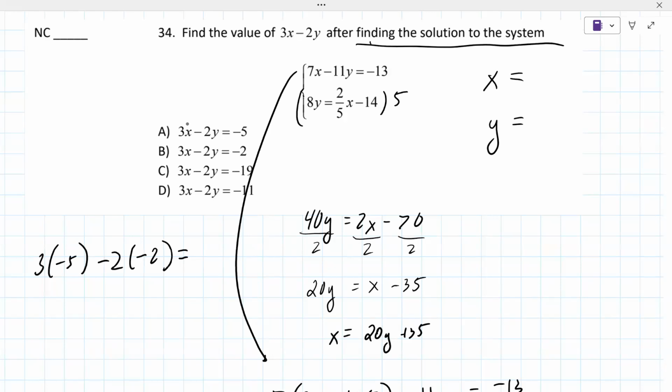So negative 13 plus 4. Right. Any questions on that?